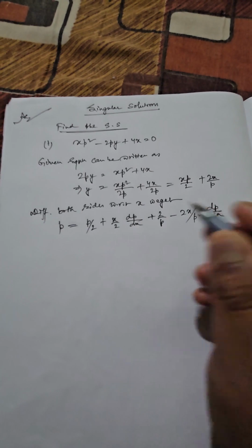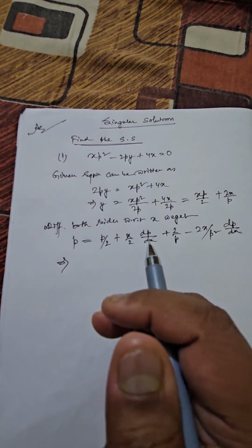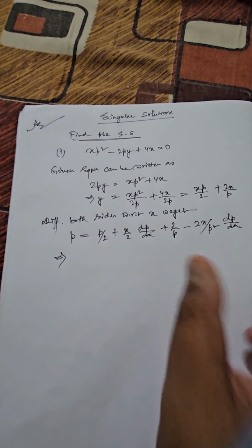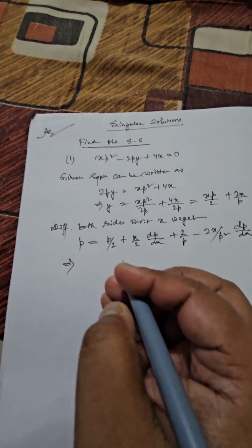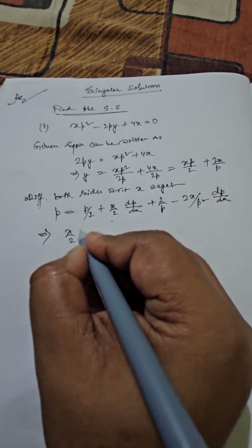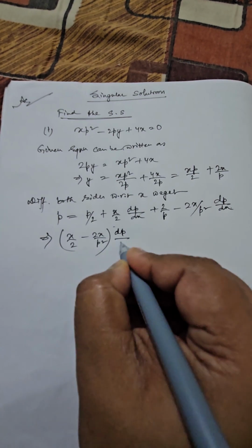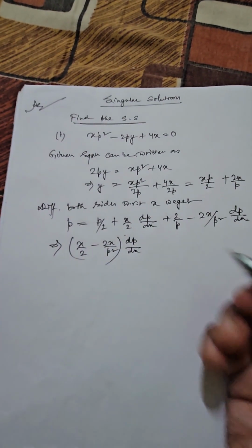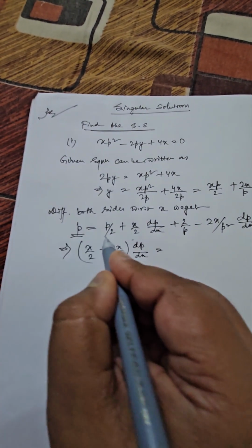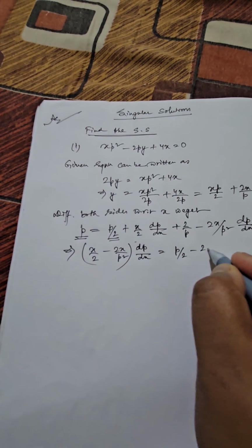Now from here you can obtain the coefficient of dp dx and the other terms. So p equals the bracket x by 2 minus 2x by p square, which is the coefficient of dp dx, and then you take the other side, p minus p by 2, so that will be p by 2 minus 2 by p.